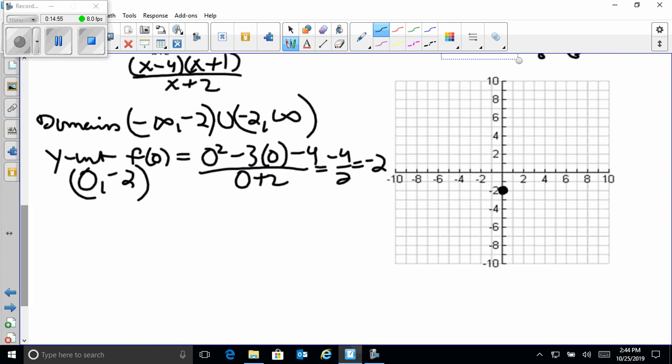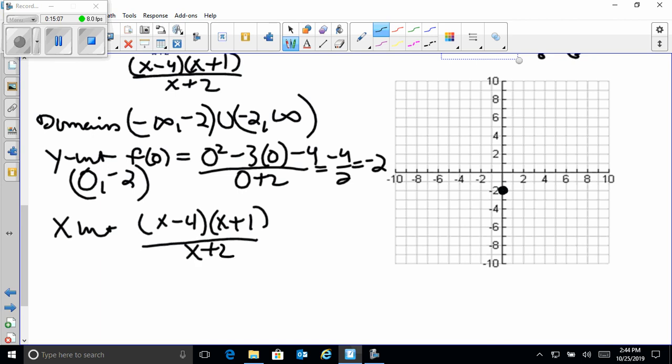Then if I do my x-intercept, that's setting the whole thing equal to 0. I'm going to do it as factored, because I know I'm going to need that. And the whole thing equals 0, when I multiply by x plus 2 on both sides, so you get it out of the denominator, cancels here, that stays 0.